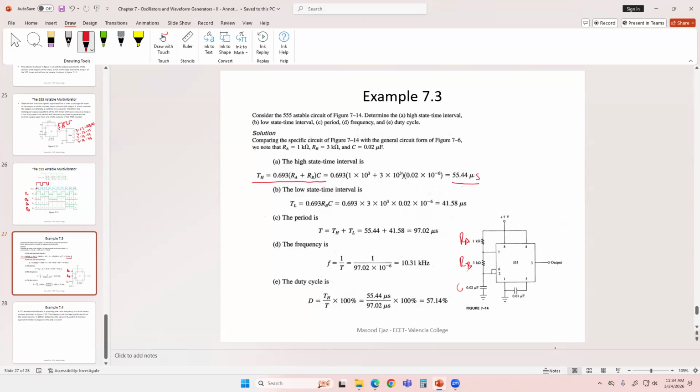Low state, 0.693 RB times C, 41.58 microsecond. Time period is the addition of both, 97.02 microsecond. Frequency is the reciprocal of the time period, 10.31 kilohertz, and duty cycle is simply high time over the time period, which is 57.14%. It will always be higher than 50%, of course, because high time will always be larger than the low time.